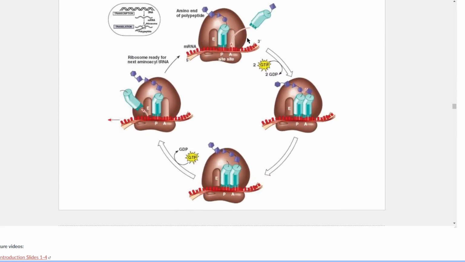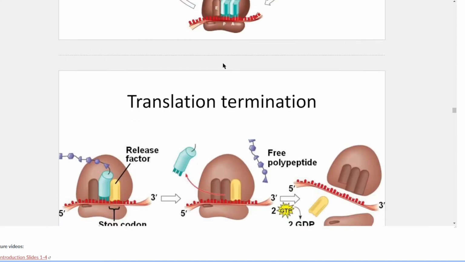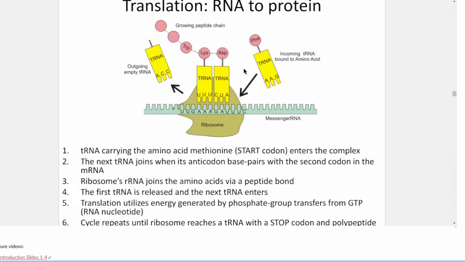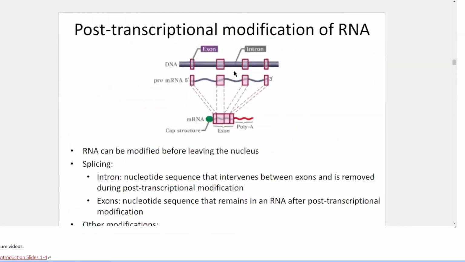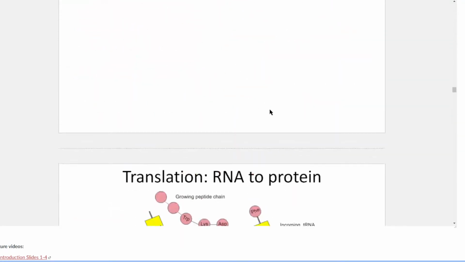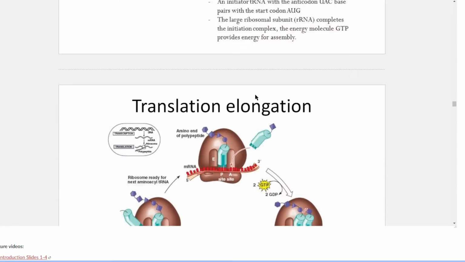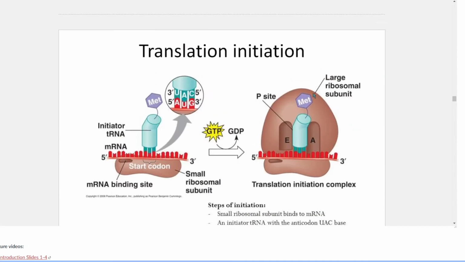Elongation: things enter, things leave, things enter, things leave, making the protein longer. What is all these steps? It's the same for translation and transcription. It first starts with initiation, elongation, and termination. So the first one is the tRNA starts the start codon.